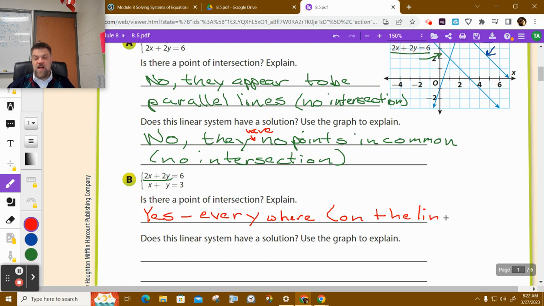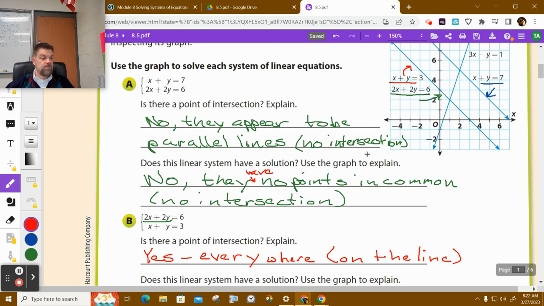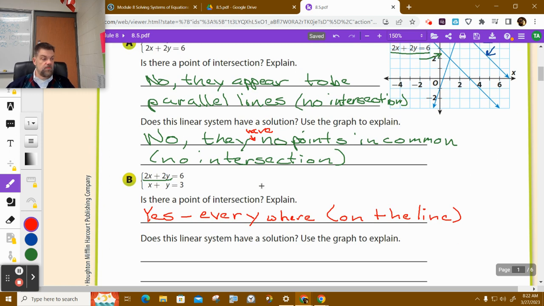It's not everywhere on the graph, it's everywhere in the line. When we say that it has infinitely many solutions, we're not saying you can pick any number for x and any number for y. The x comma y has to be on the line. But whatever point you have on the line, both equations share.